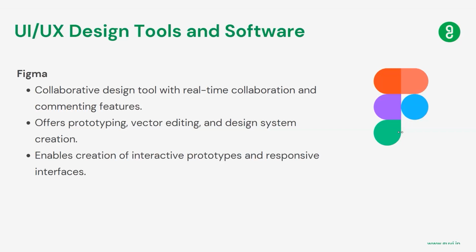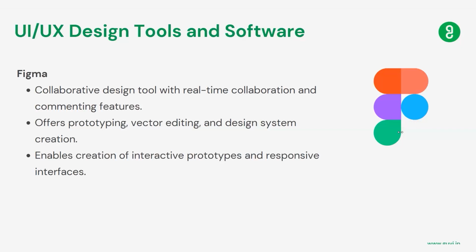Like for Google, there is the Material Design system. So a design system is a kind of grandfather of a style guide, if you know what a style guide is. You will learn all these things.